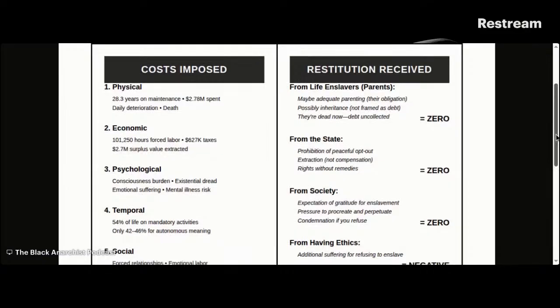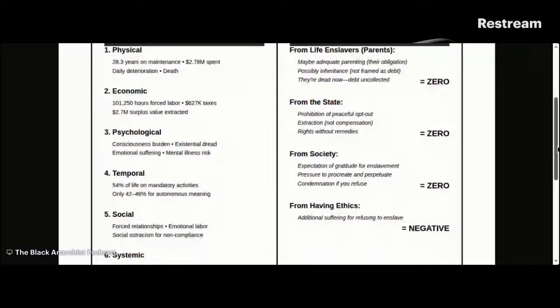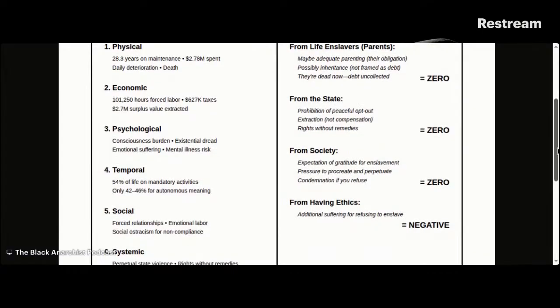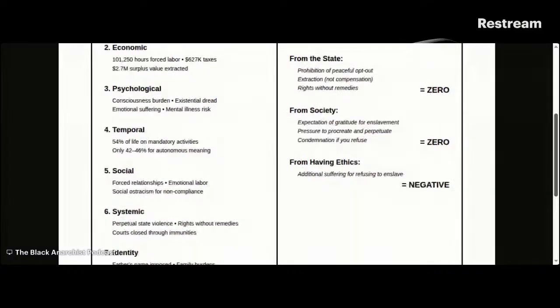From the state: the prohibition on the right to opt out peacefully, extraction, rights without remedies, zero restitution. From society: expectation of gratitude for your enslavement, pressure to procreate and perpetuate, condemnation if you refuse. You receive zero restitution from society.